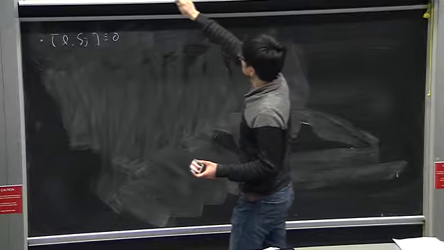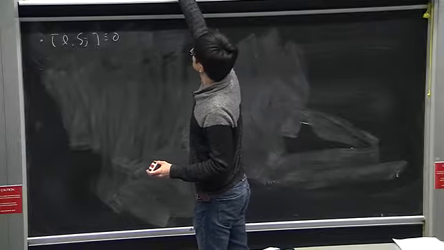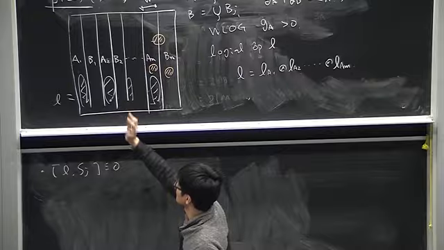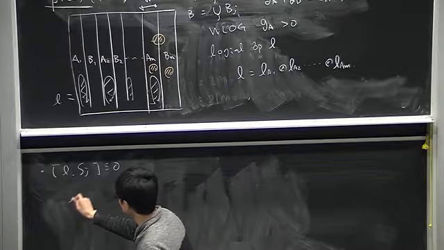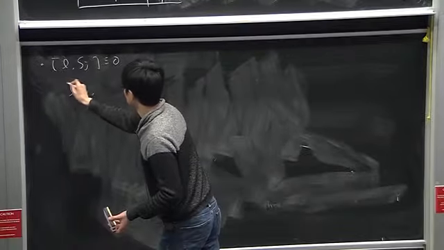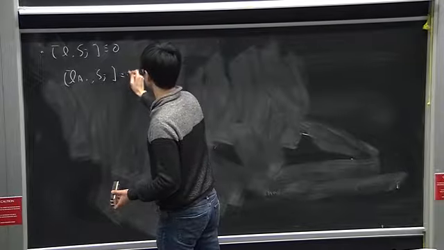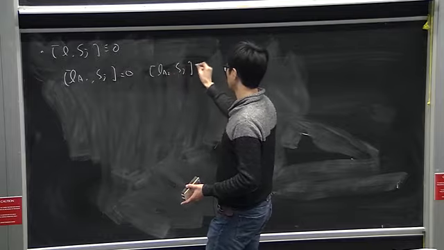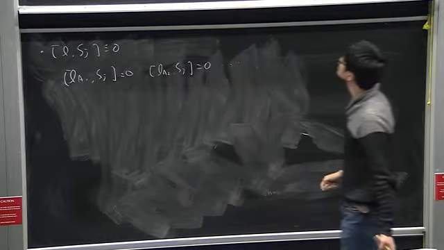But the point is that there is no stabilizer generator which acts on these two parts simultaneously. This means that LA1 should commute with A, LA2 should commute with, and so on.